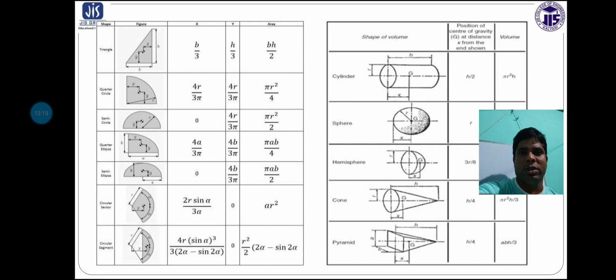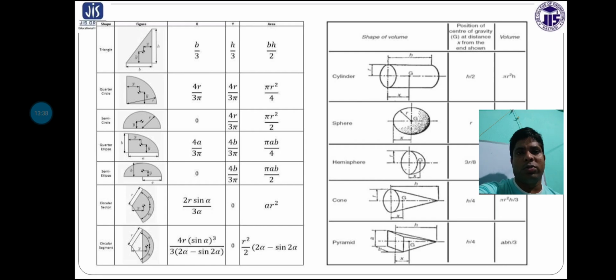Now if I consider the semicircle with radius r, in the x axis x bar will be 0 and y bar will be 4r by 3 pi, and obviously the area will be pi r square by 2.